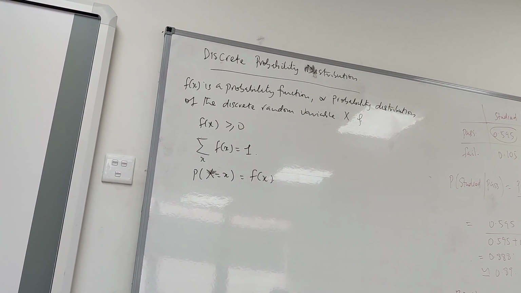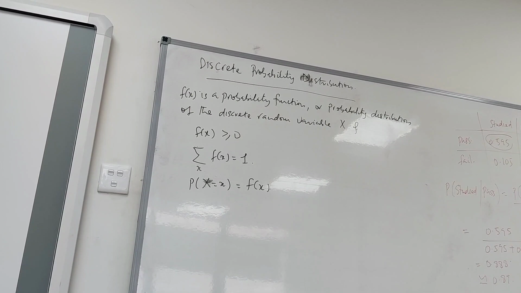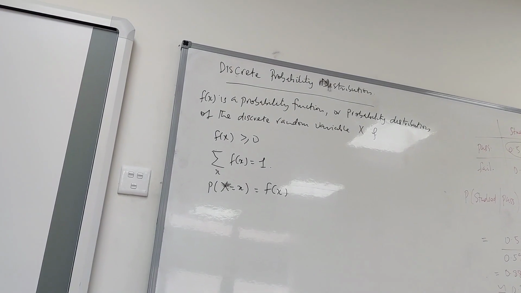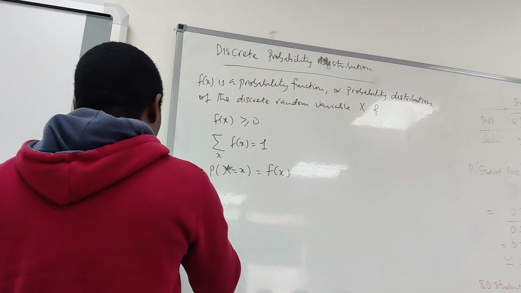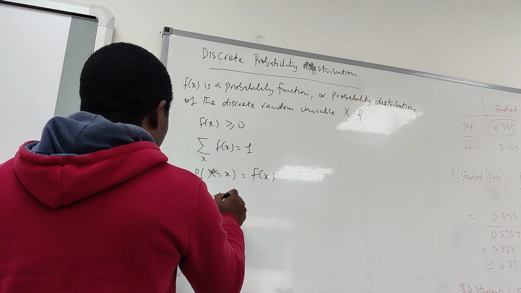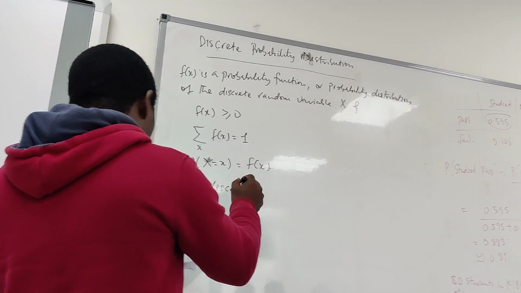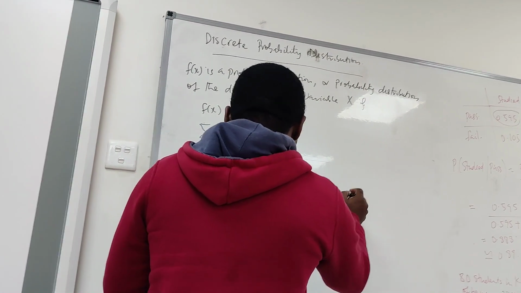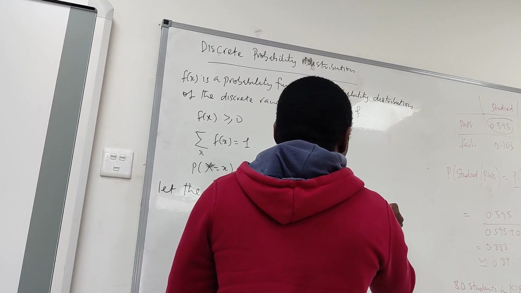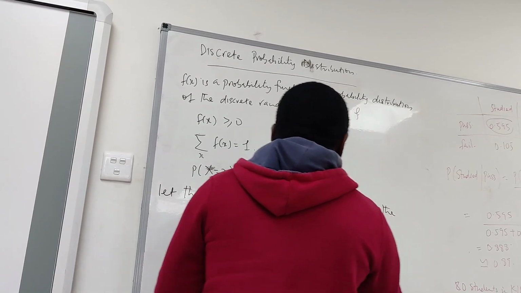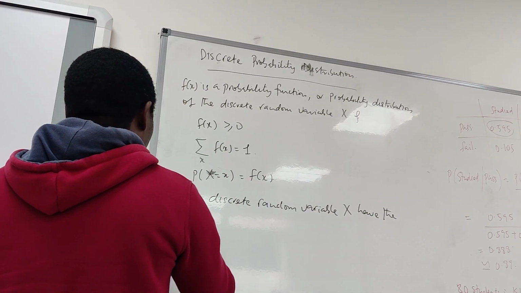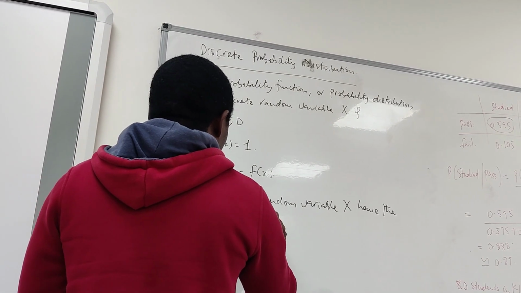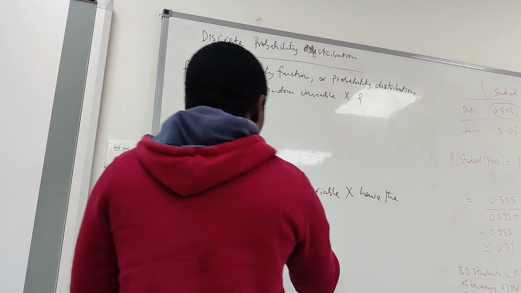Now we'll go a bit further to give the cumulative distribution function. Cumulative distribution function. Let the discrete random variable x have the probability distribution f of x.